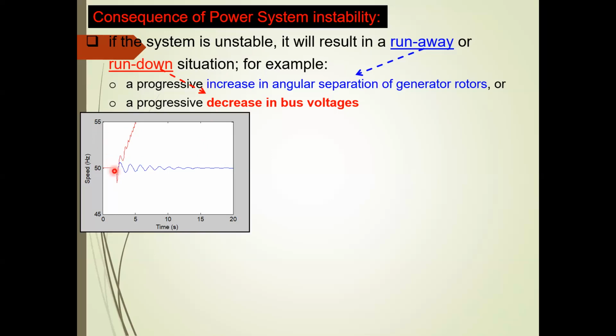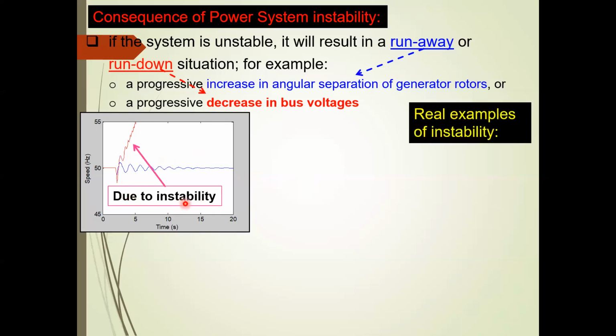If this over frequency is sensed by the relay, the over frequency relay will operate and shut down the generator. Similarly, even when the frequency drops, we have the under frequency relay, and it will trip the generator. Because we want to protect the generator, we use over frequency and under frequency relays for such situations that may arise. So this will be the case of instability here.